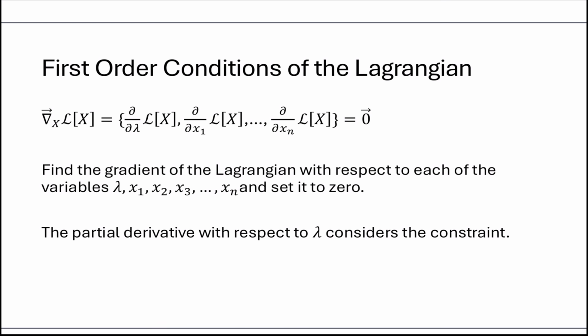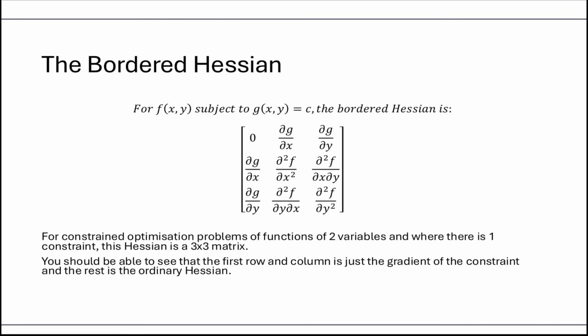So find the gradient of the Lagrangian with respect to each of the variables, lambda, x1, x2, x3, all the way up to xn, and set it to 0. The partial derivative with respect to lambda considers the constraint, or we can just say it is the constraint, because when we differentiate with respect to lambda, we just get the constraint.